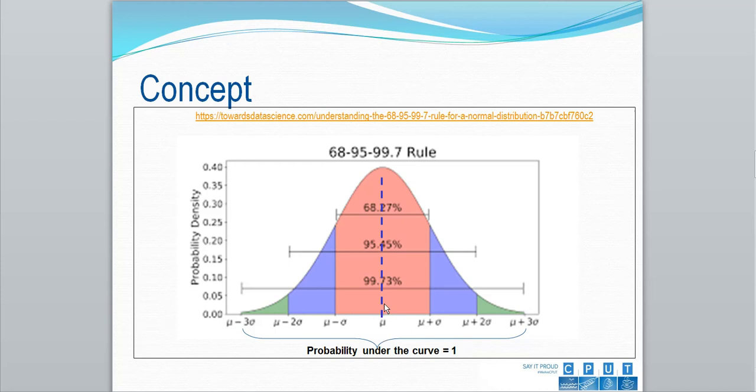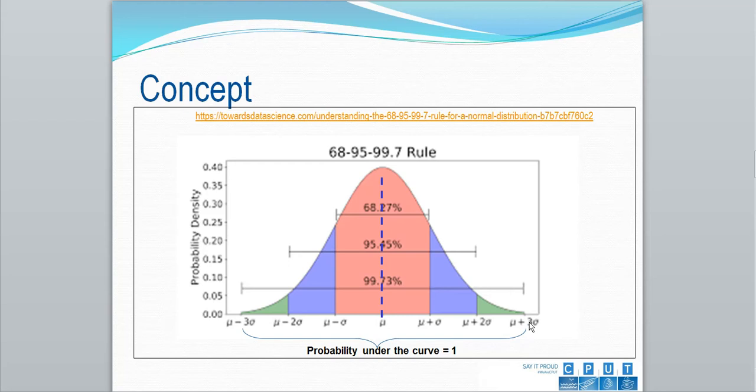As you can see, the shape of the curve is a bell-shaped curve because it forms the shape of a bell. And also in this curve, the width, that is from -3 standard deviation to +3 standard deviation, is determined by the standard deviation.